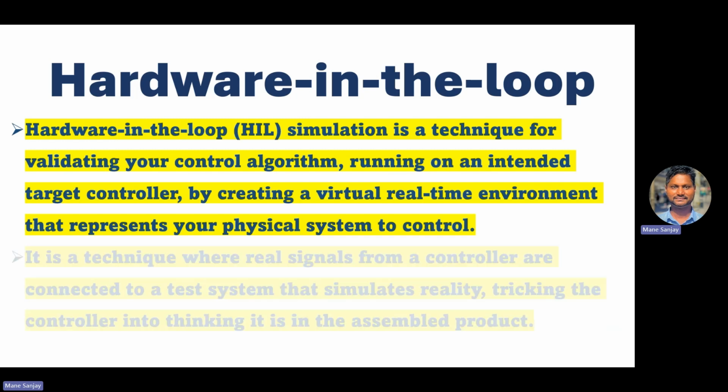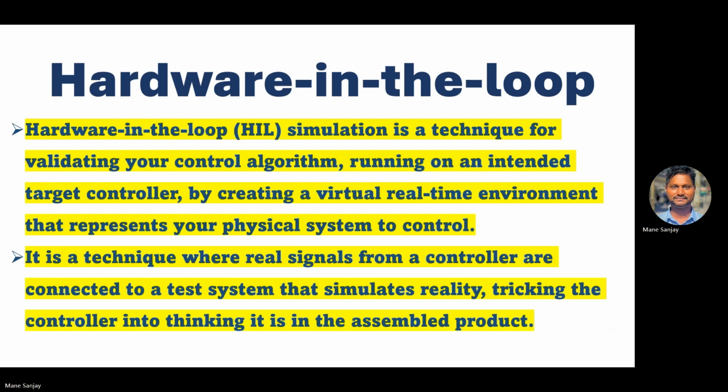It is a technique where real signals from the controller are connected to the test system that simulates reality, tricking the controller into thinking it is in the assembled product.